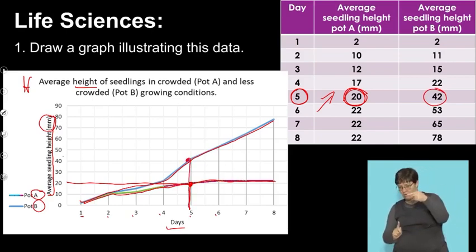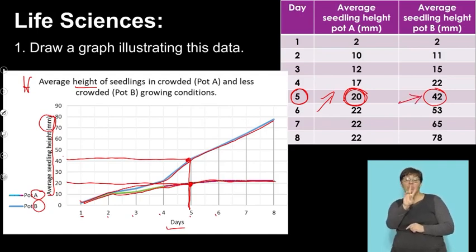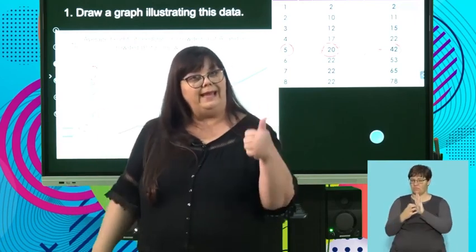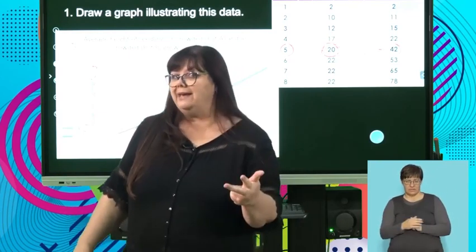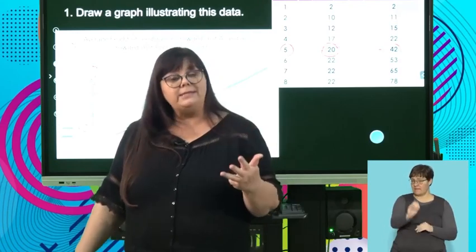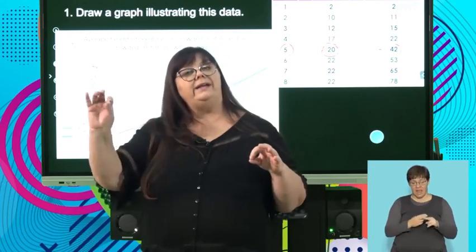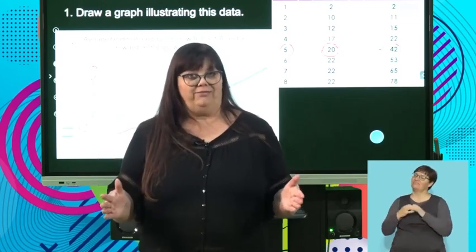I would plot my point at just over 40 because my B seedling average was 42 millimeters. I would join my lines nice and smoothly and I would have drawn my graph. Heading, axes labeled, a good scale on the axis, points plotted accurately, and of course then the line drawn nice and smoothly, and there is my graph.